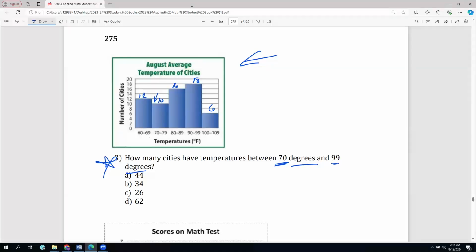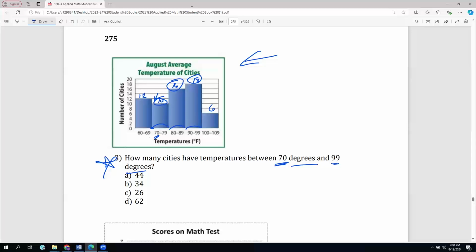All right, are you back? All right, here we go. So you're looking at temperatures between 70 degrees and 99 degrees, which means you're going to have to include a few intervals. You'll see that 70 starts right here. So it's going to include all of this information, which is 10, all of this information, which is 16, and all of this information, which is 18.